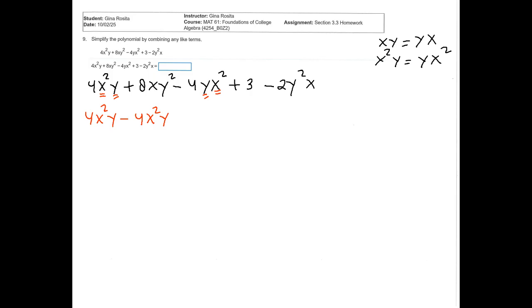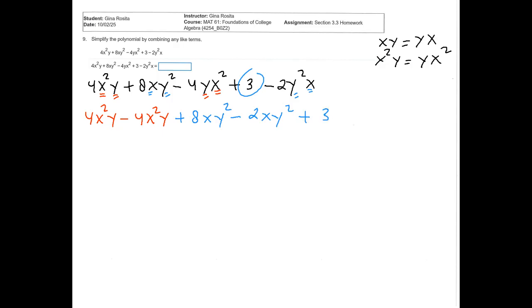This is x. This is x. This is y squared. This is y squared. So combining like that. So this is the same. So we can put together. Yeah. So become plus 8xy squared minus 2xy squared. Last one is 3 plus 3.